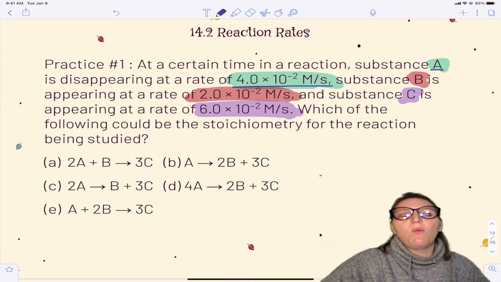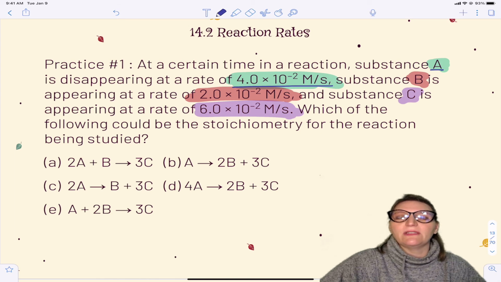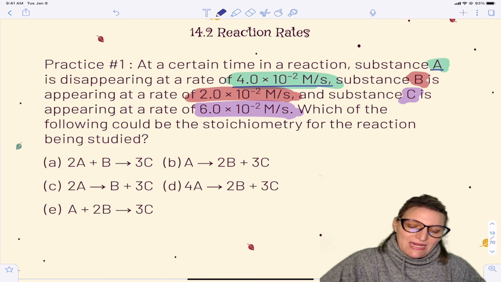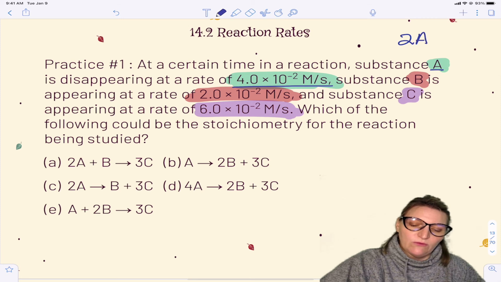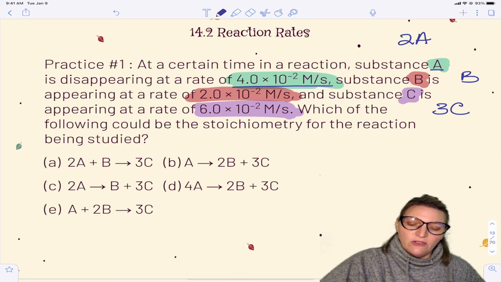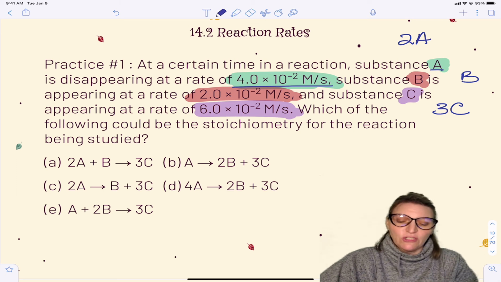So now think about what does that mean for the coefficients. If B is 2 and A is twice that, that must mean the coefficient of A is going to be 2. Coefficient of B would be 1, coefficient of C would be 3. So now I sort of know the coefficients of these.